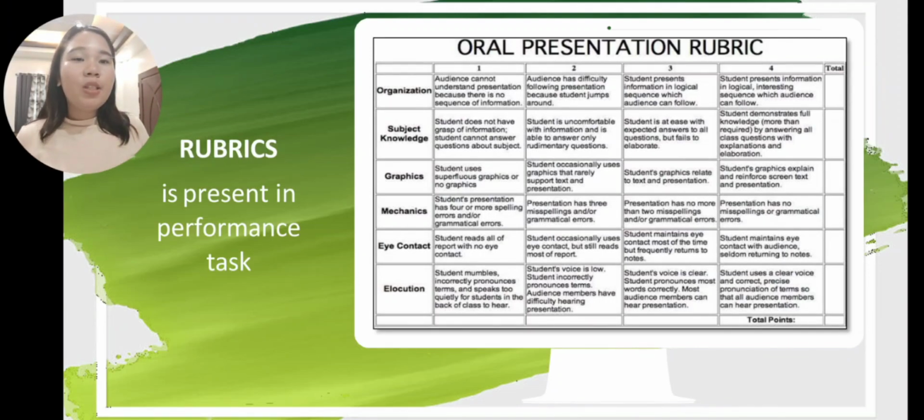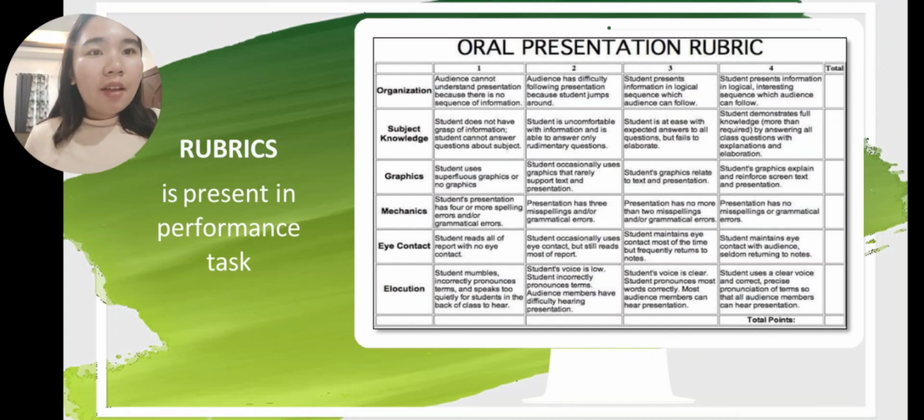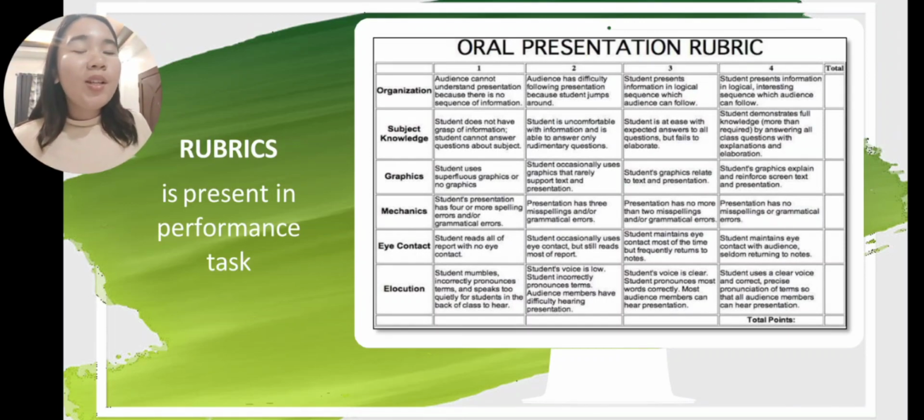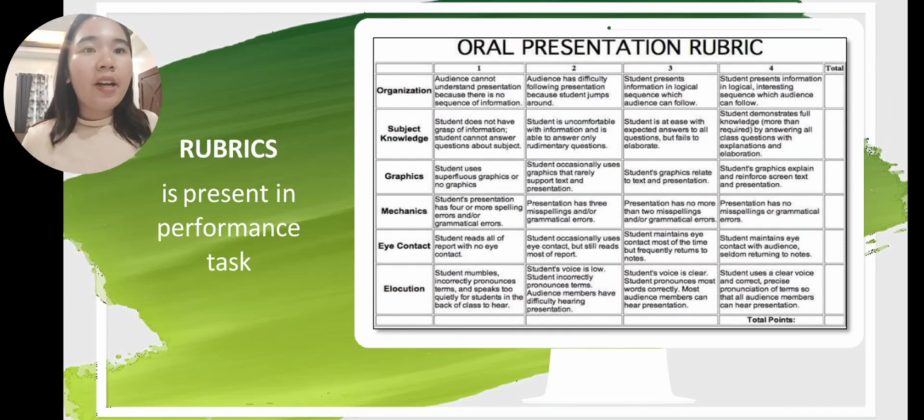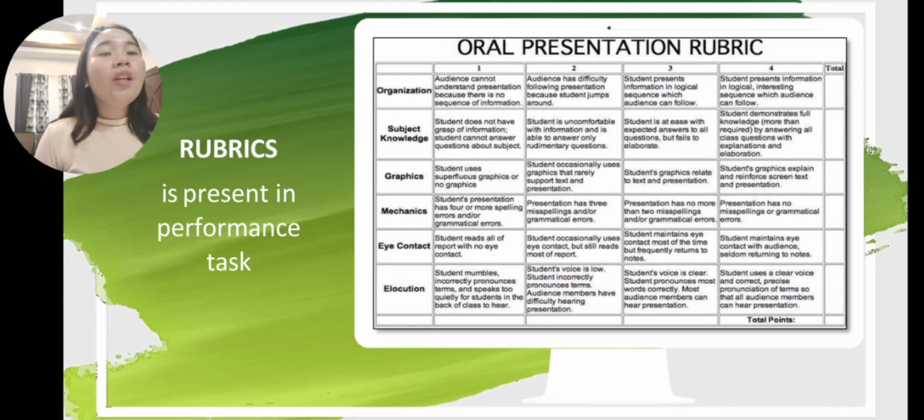Next is the graphics. Student uses superfluous graphics or no graphics. Student occasionally uses graphics that rarely support text and presentation. Student's graphics relate to text and presentation. Student's graphics explain and reinforce screen text and presentation.